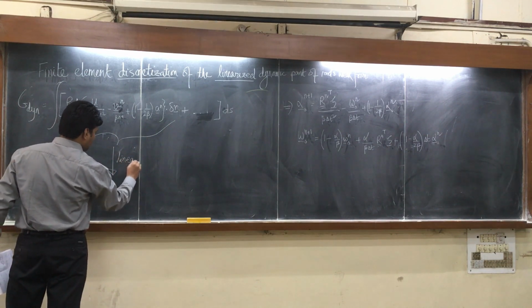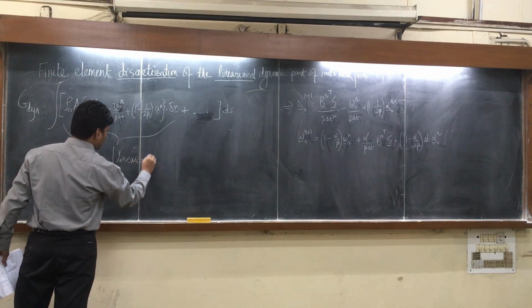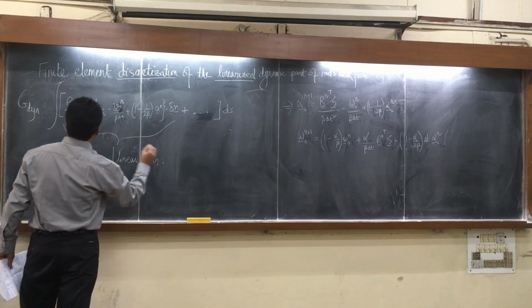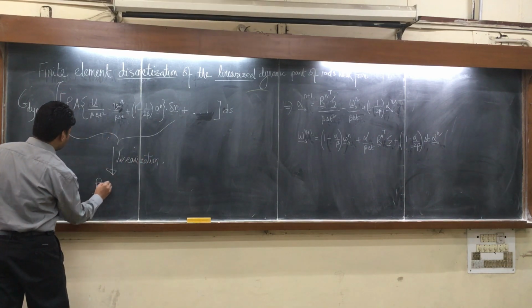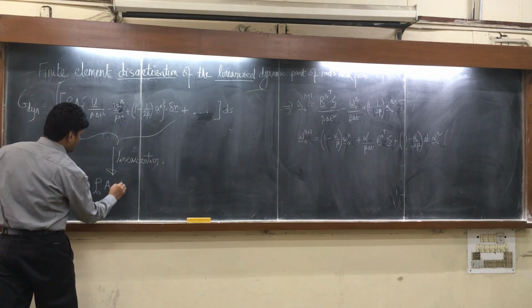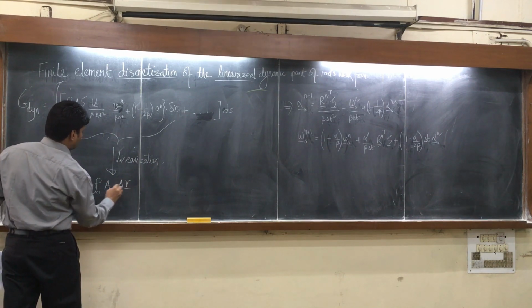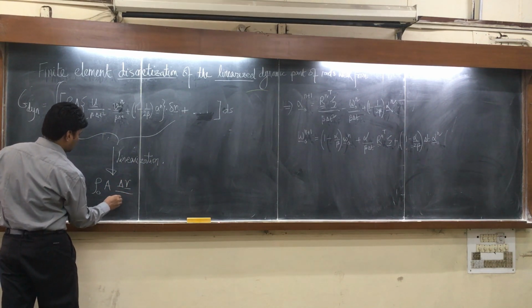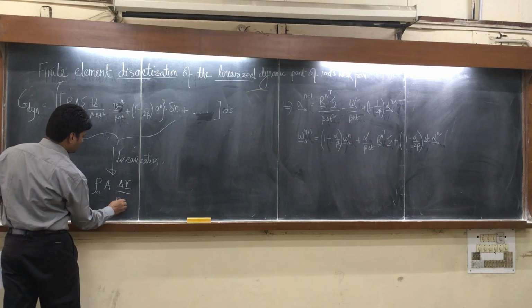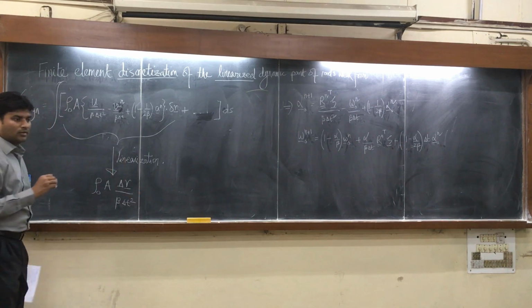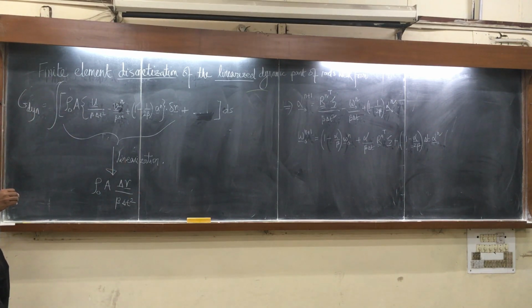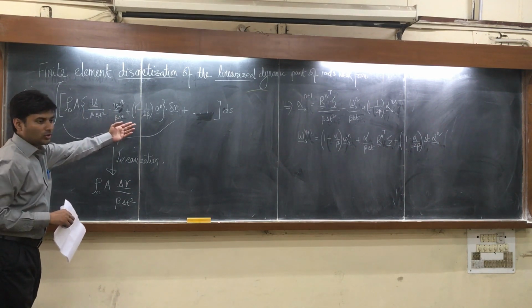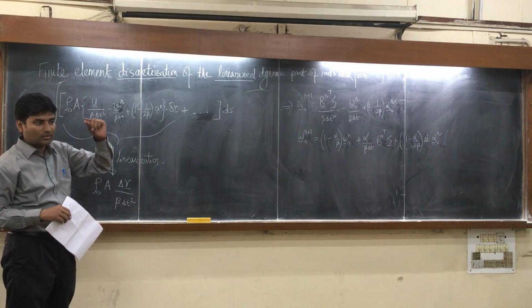Linearization is simply rho naught a delta r over beta delta t square, because all the other things are constant, they do not change as you change your epsilon.